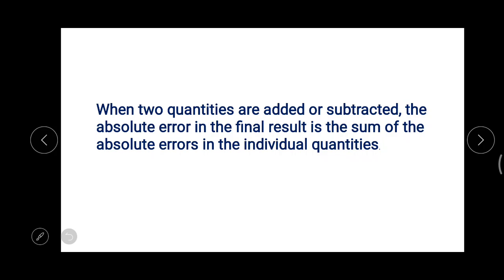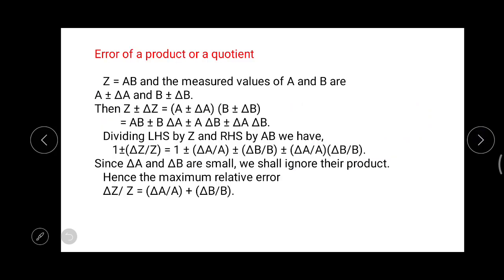Okay, now we are going to see the error of a product or a quotient, that means multiplication or division. So where z is equal to ab, and the errors in the particular values a and b are delta a and delta b.